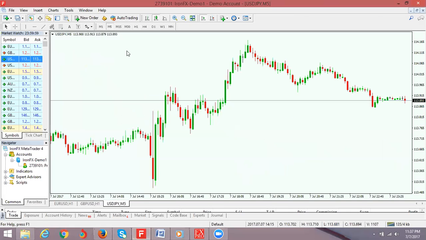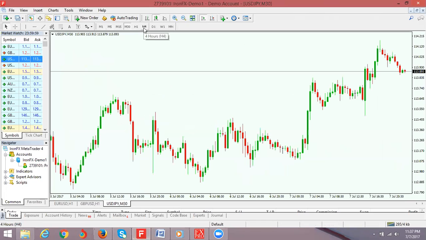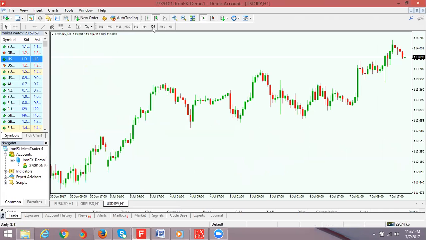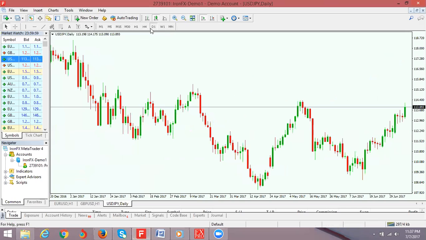In the same way, when you go to 5 minutes, all these bars form within 5 minutes. In later videos, we'll talk more about candlesticks. It's the same for 15 minutes, 30 minutes. Then we go to H1, the 1 hour chart. H4 is the 4 hour chart. D1 is the daily chart.